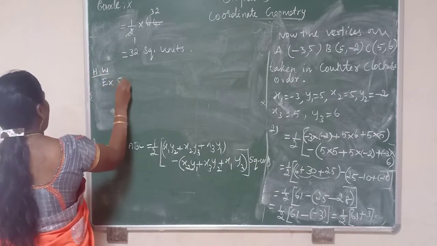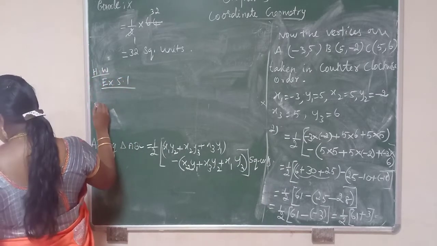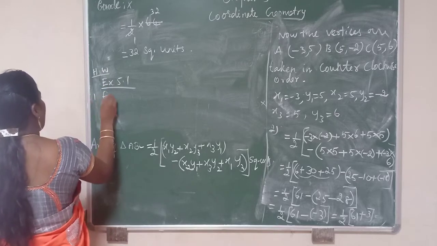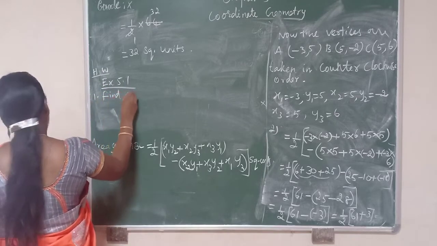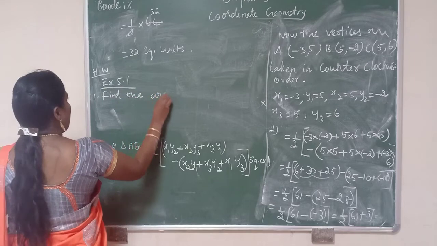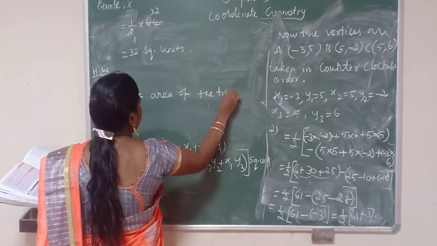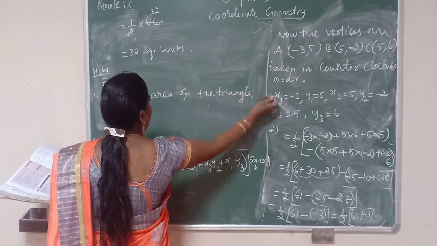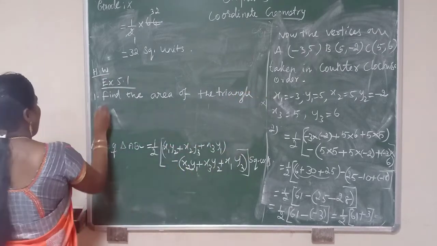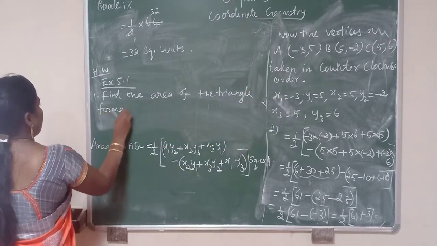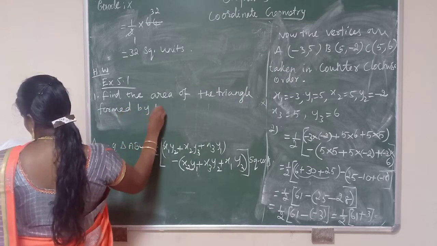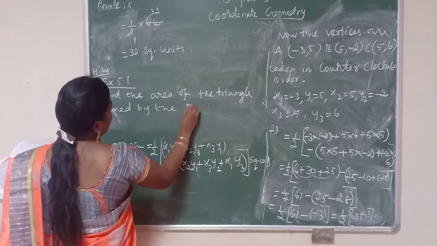Find the area of the triangle formed by the points.